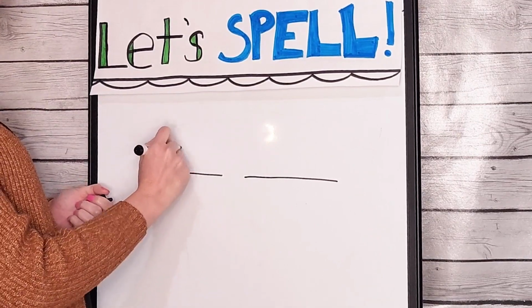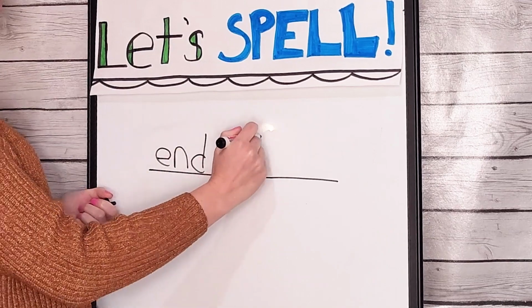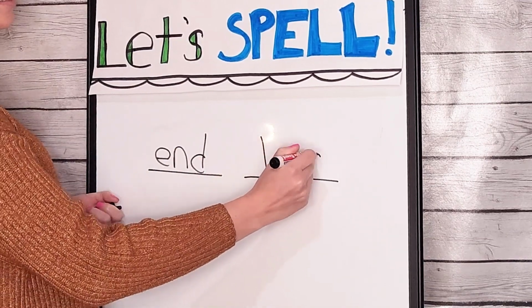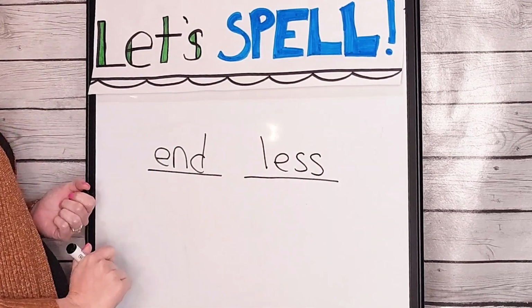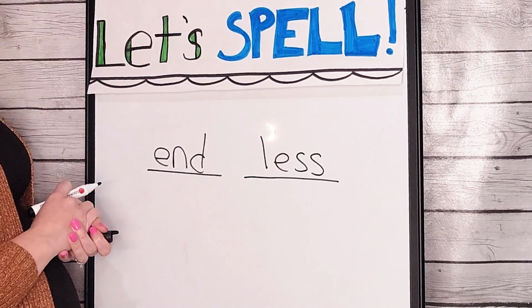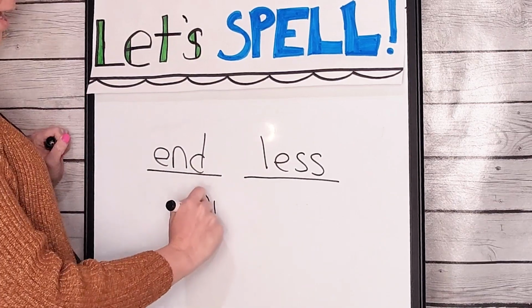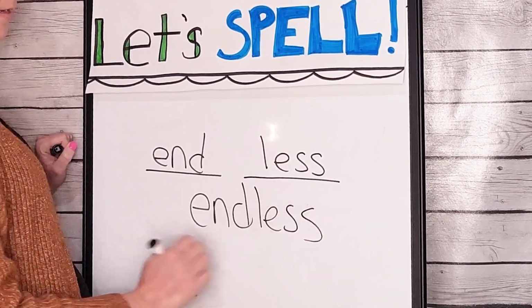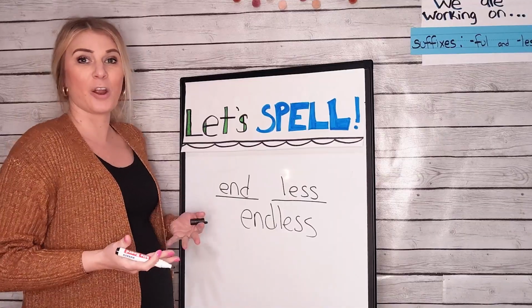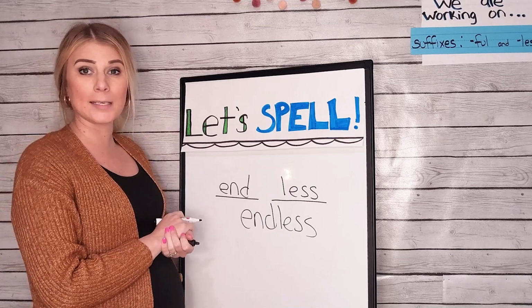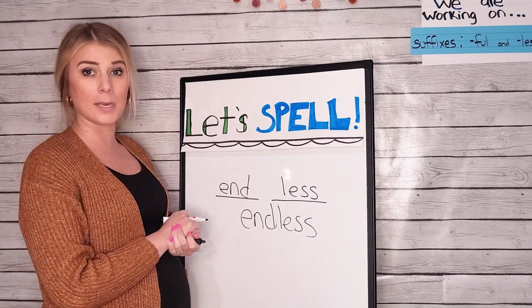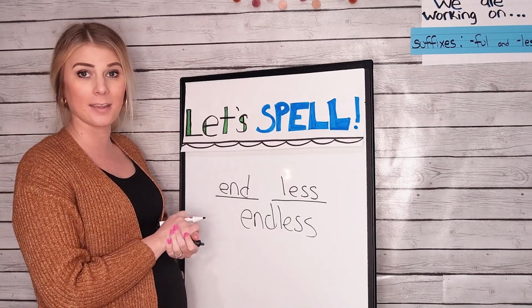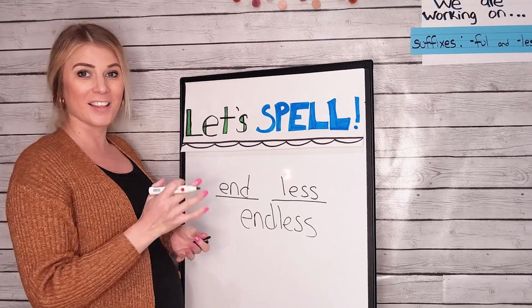E, n, d, l, s. Endless. Let's put them together so we can build our word. End, less. Endless. There are an endless amount of outdoor activities that we can participate in Michigan, like skiing and fishing. Let's try our next one.